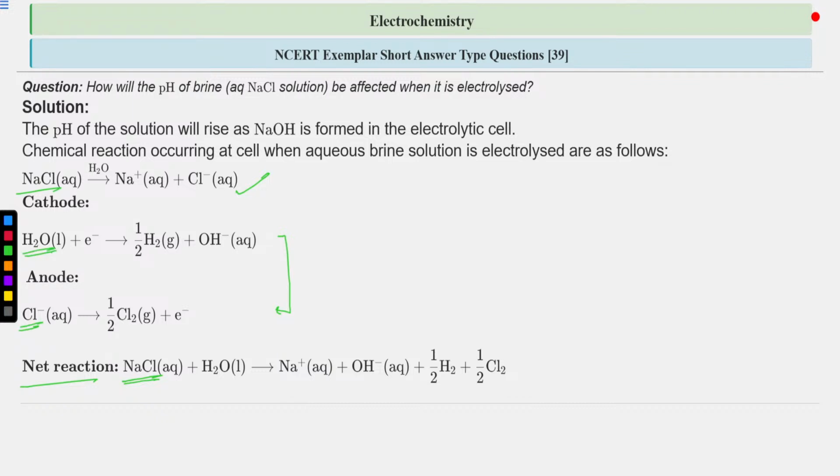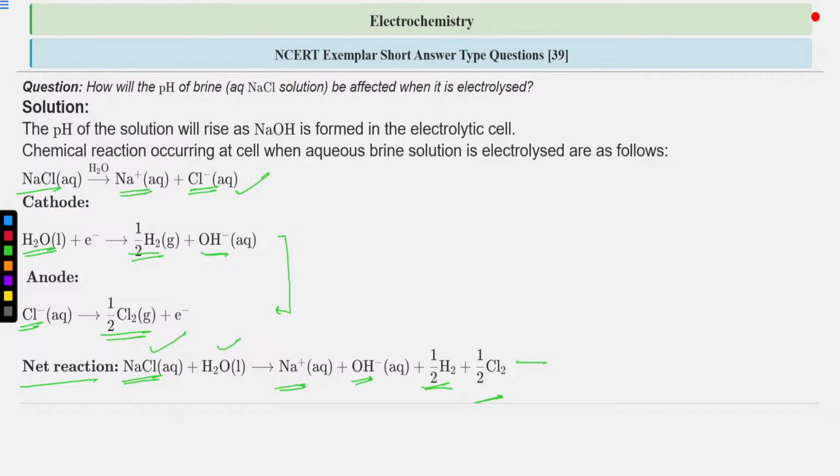The Cl- present on the left hand side and on the right hand side will cancel out, and after the arrow we get Na+, OH-, half of H2, and half of a chlorine gas molecule.